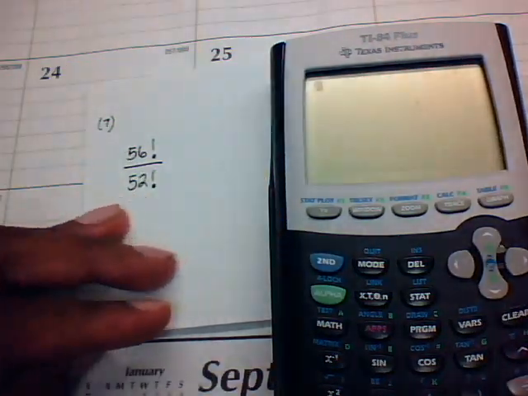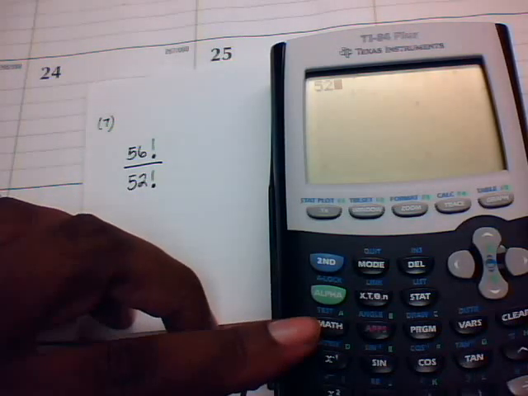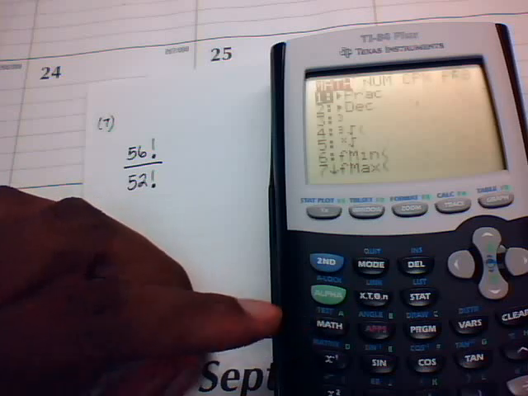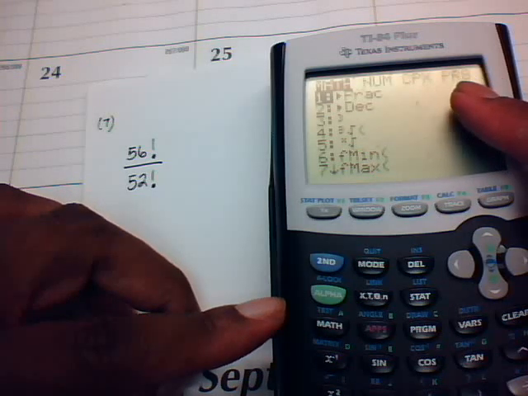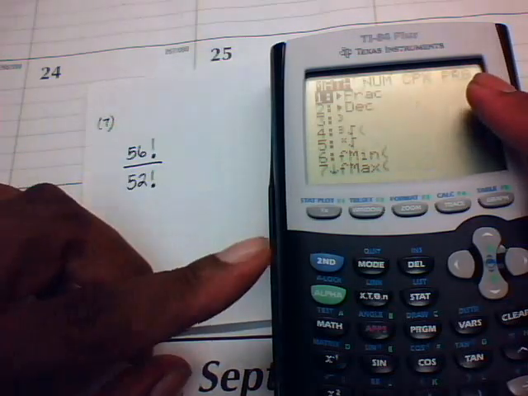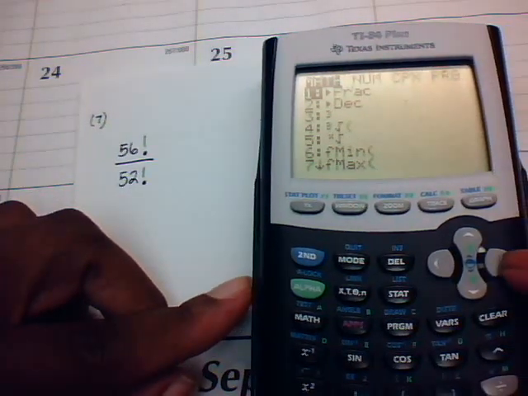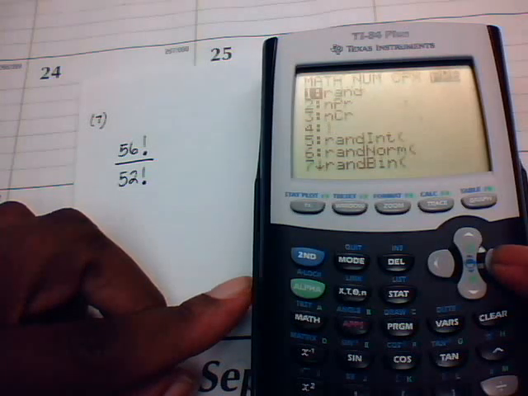We type in the number 52, and then you can hit this button on the left-hand side that says Math. So press the Math key. Now, the menu that we want to access is the menu that says PRB. That is short for probability. So you want to use your right arrow key right here and just right arrow over to PRB.